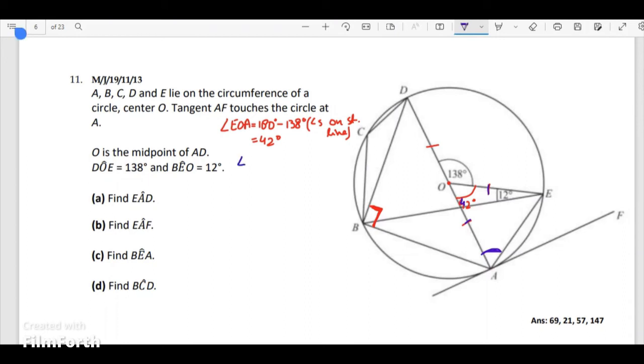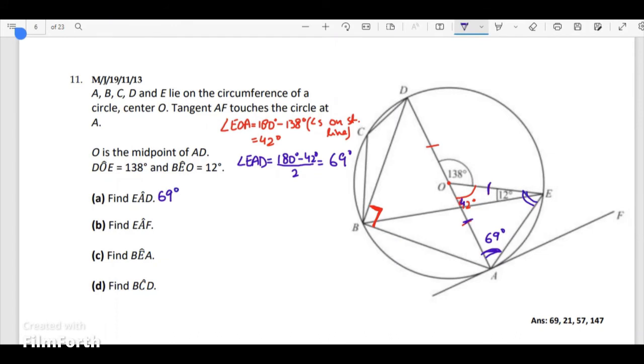So angle EAD would be equal to 180 degrees take away 42 degrees. By the way, if these sides are equal, these angles would be the same as well. So I'm just finding the sum of both and dividing by 2. So 180 minus 42 is 138, divided by 2, you get 69 degrees. So 69 degrees is the answer. This right here is 69 degrees.